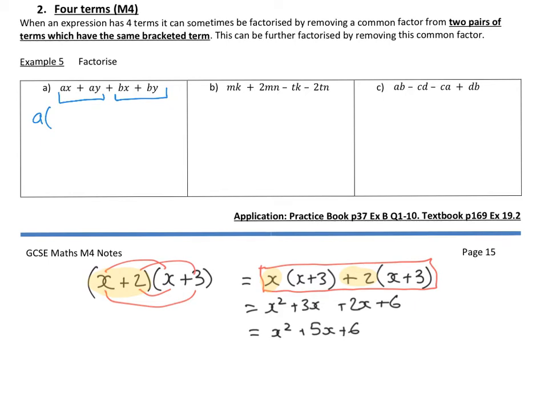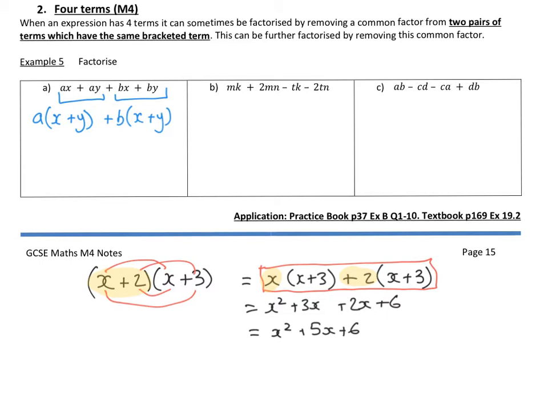So we can put an A outside the bracket, and inside the bracket we've got x plus y. The second term we've got BX and BY, so they have a B in common, and then inside the bracket is going to be x plus y. Now what we have is 2 terms, A and B, and they're multiplying a bracket, and those brackets are the same, they're the same in x plus y.